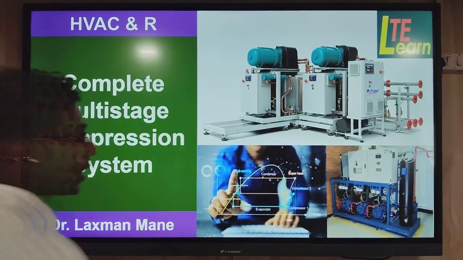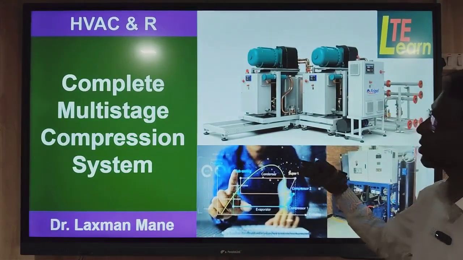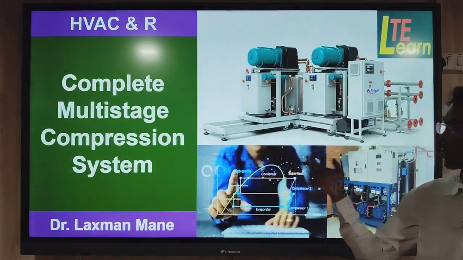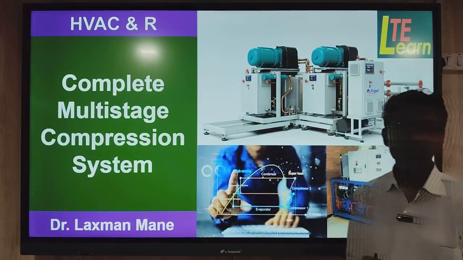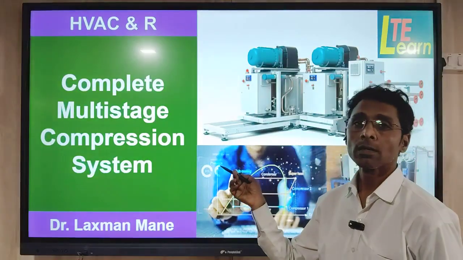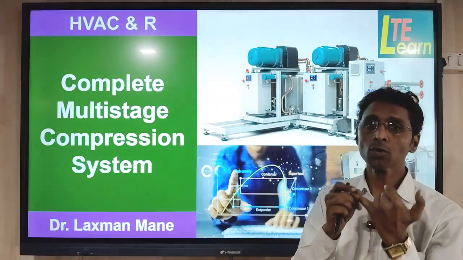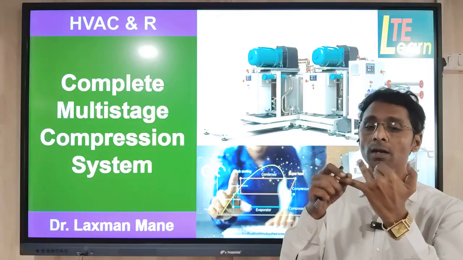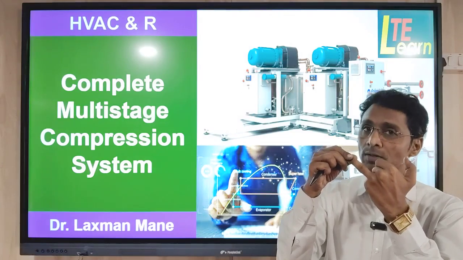So in this way we have seen the complete descriptive explanation of the two-stage, multi-pressure compression system, its schematic diagram, then the pH diagram, and after the pH diagram, formulas for the compressor mass flow rates, that is the mass flow rate M1 dot circulating through low pressure compressor 1, and mass flow rate M2 dot which is circulating in the high pressure compressor.